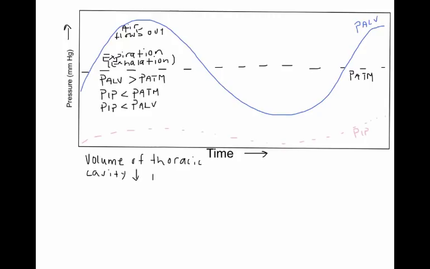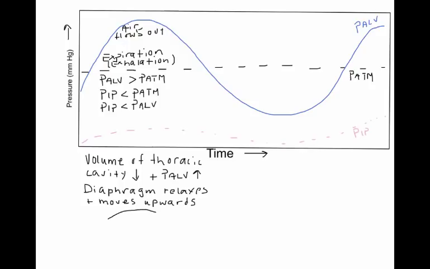And this causes the alveolar pressure to increase. And how do we do that? We use skeletal muscles. So the diaphragm relaxes and it moves upwards. And so it ends up looking like that.